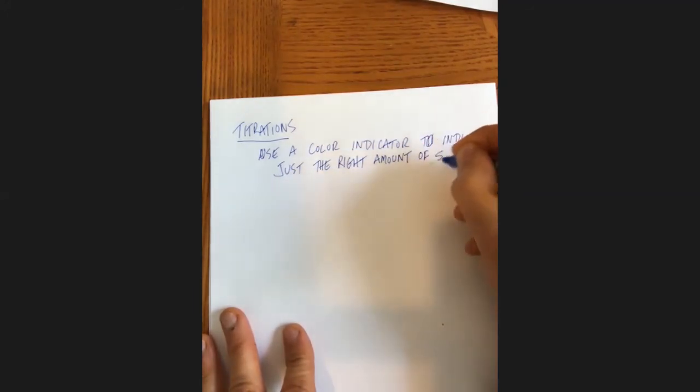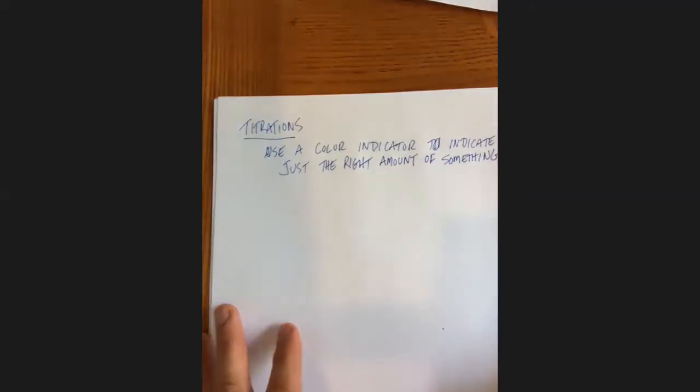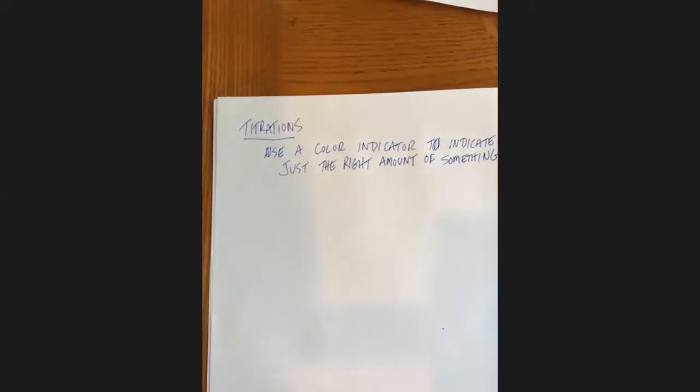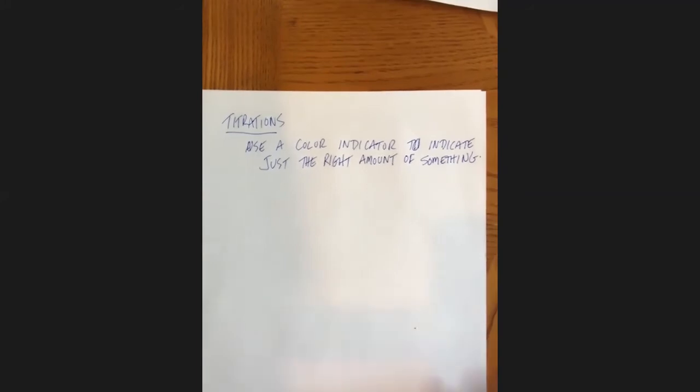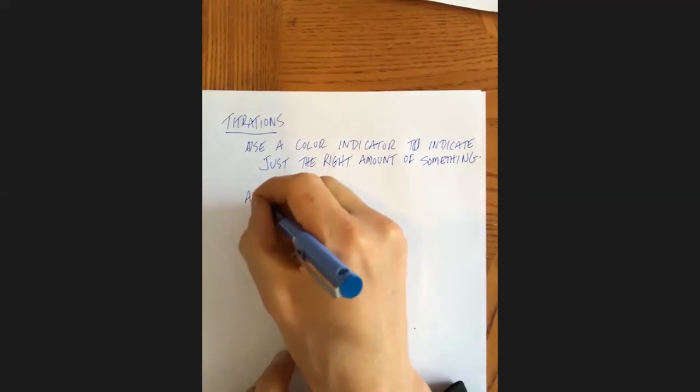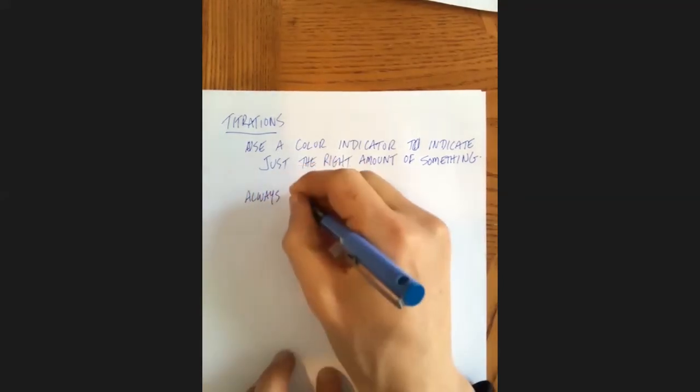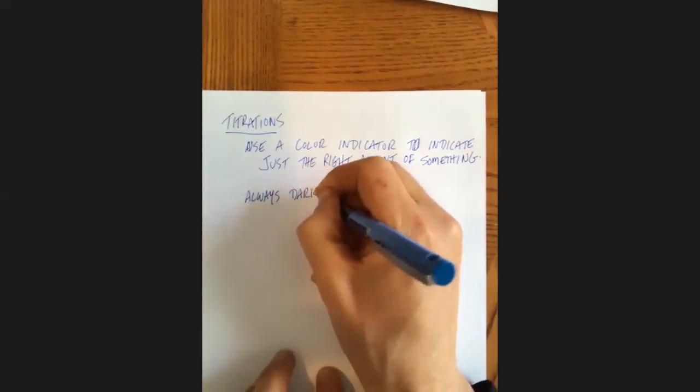So that's where I'm going with this example. If you have one student who does titrations and they always get the solution to end up dark pink, they're not very accurate, because you want that light pink color. You want just a little bit of color in there.